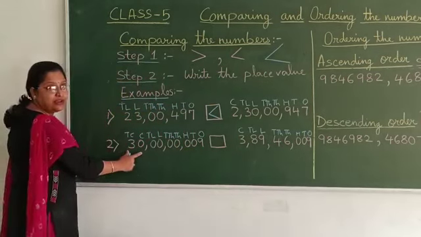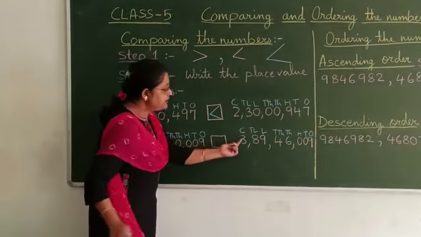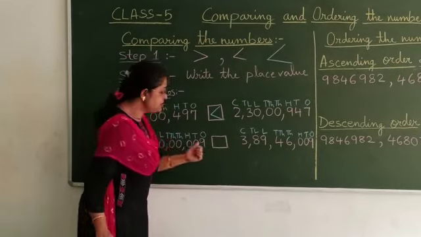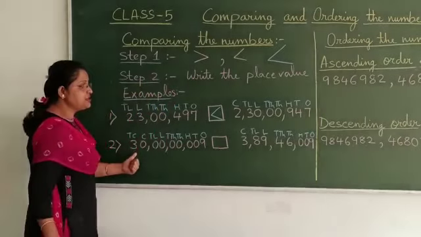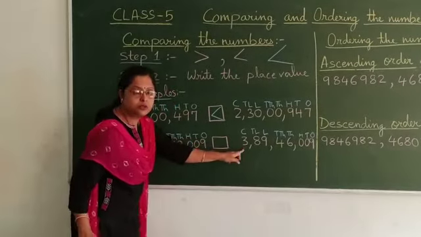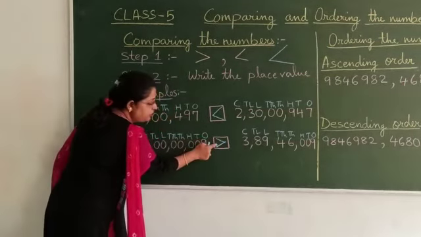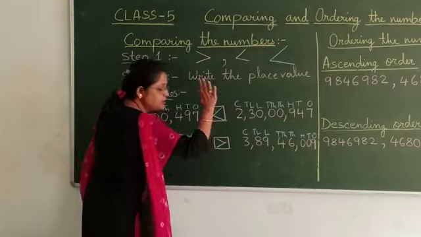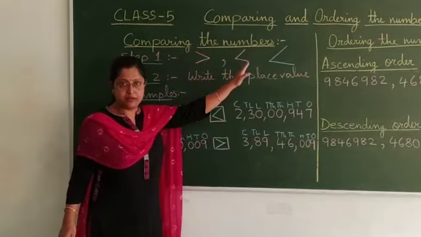The greatest value over here is 30 crore, whereas here you have only 3 crore. So which one is greater, 30 or 3 crore? Obviously 30 crore is greater than 3 crores. And place the sign there, the broader end towards the bigger number, narrower end towards the smaller number. That is all about comparing the numbers.